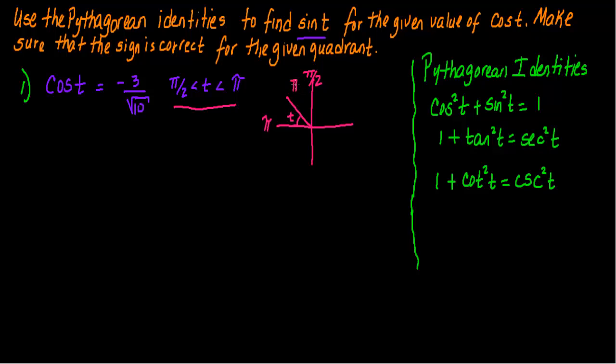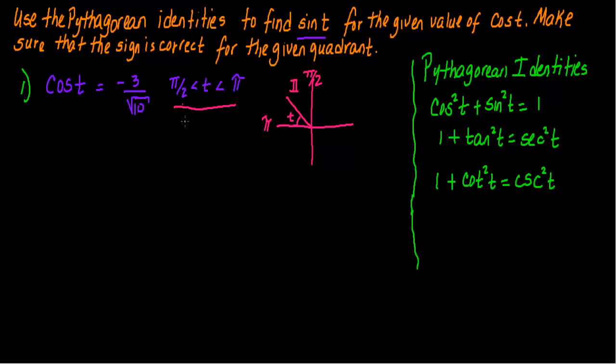This is quadrant 2. Now, why is this important? This is important because depending on what quadrant I'm on is the negative or positive sign that I will have on my function. So for example, in quadrant 2 here, the sign for cosine, which is my x-coordinate, is going to be negative.